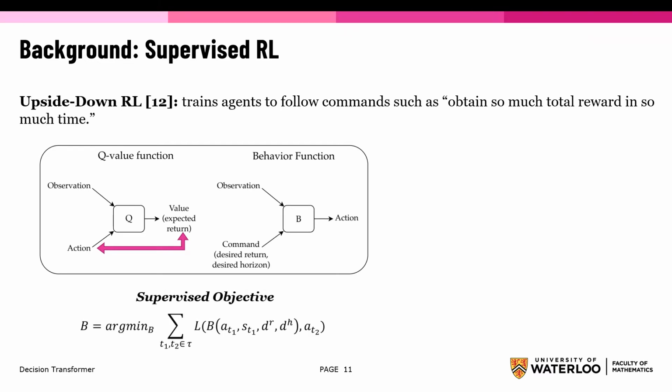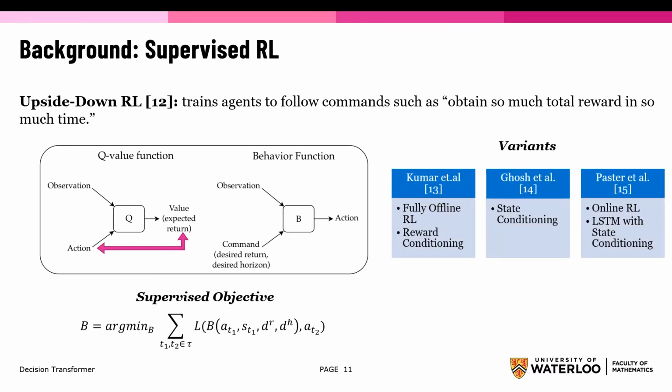This method will be optimized in a supervised way by using a supervised loss between the action that the behavior function produces and the action that it should have got from the trajectory that already exists. There are several variants for that. Some methods learn by conditioning on rewards, others by conditioning on states.